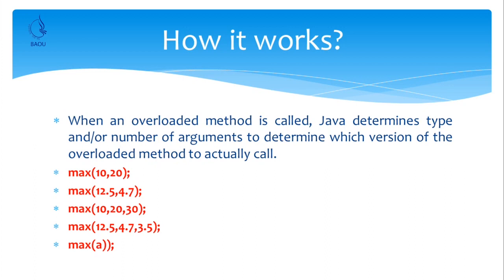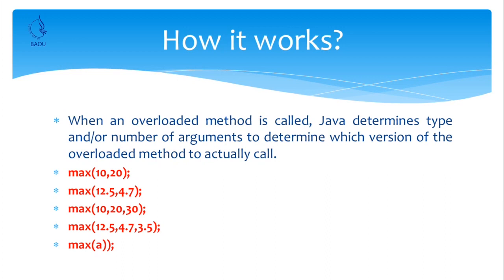Here on screen you can see various examples of the max method. So, in the first max method we provide integer values, so the definition with long arguments will execute. In the second case, the definition with double parameters is executed.